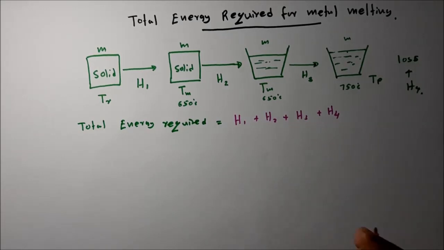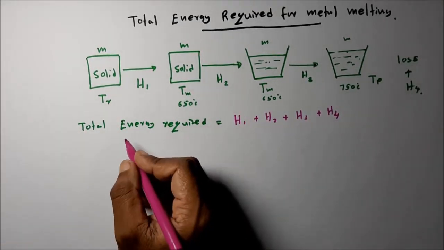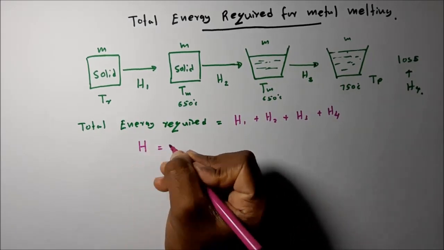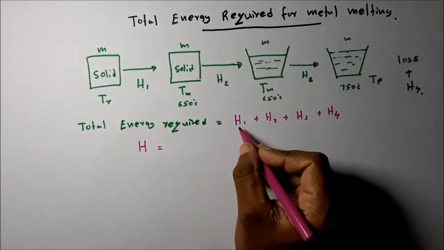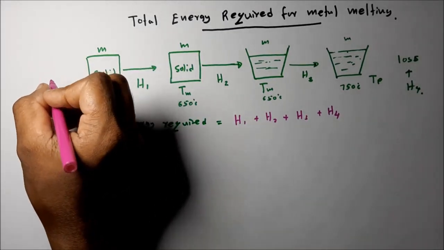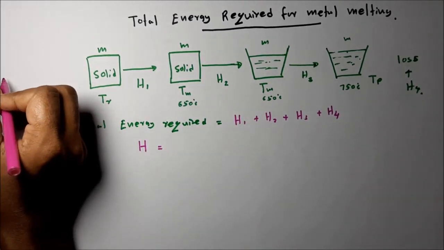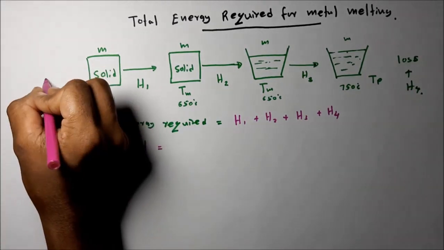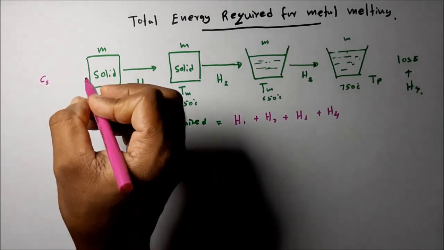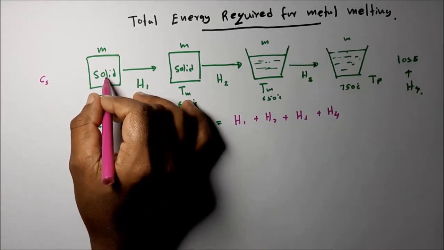Then what happens? Let's take the total heat energy required as capital H. So what is H1? Let's take the specific heat capacity of this solid metal as CS, the specific heat capacity of the solid.